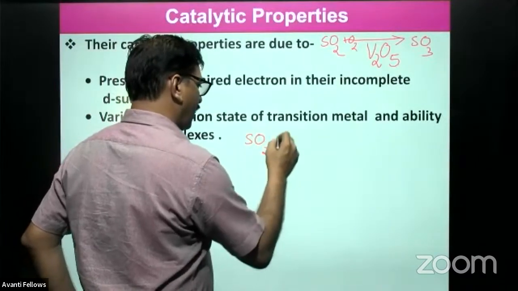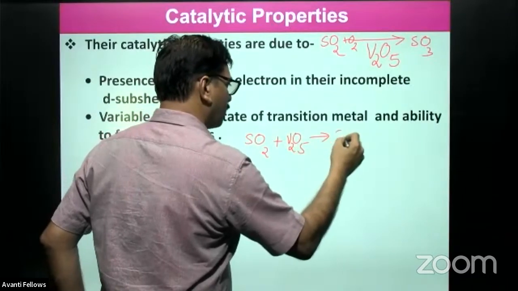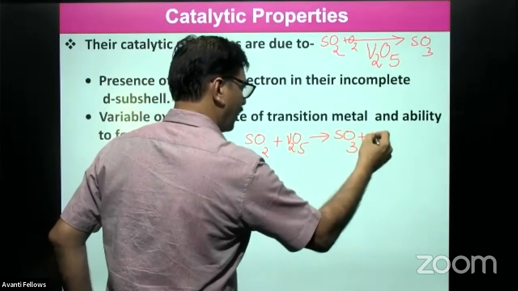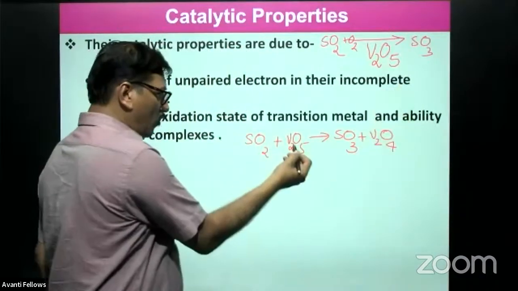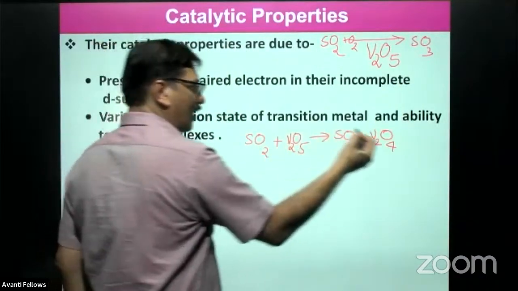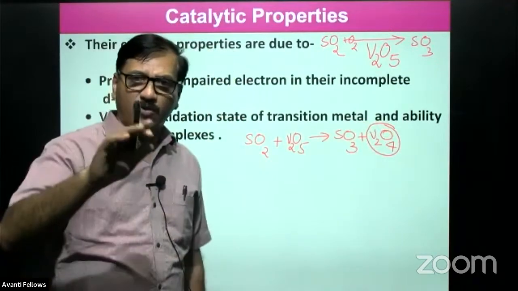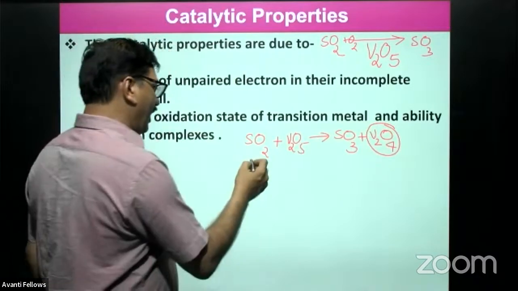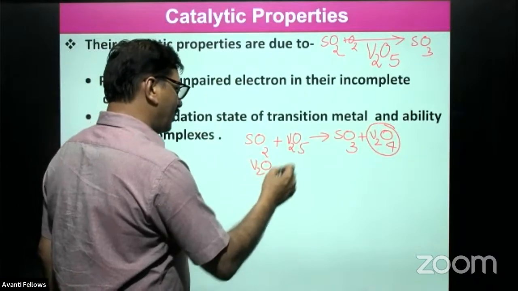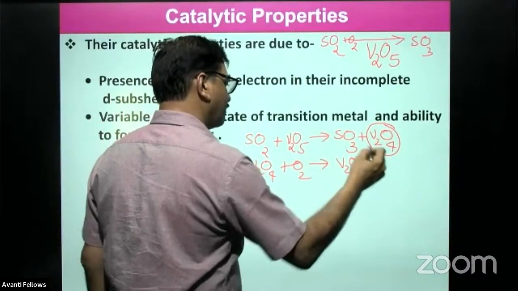SO2 reacts with O2 over V2O5 and forms SO3 plus V2O4. V2O5 gives up one oxygen to form V2O4, because vanadium in the +4 oxidation state is also available. Then later this V2O4 takes an oxygen and forms V2O5 back.